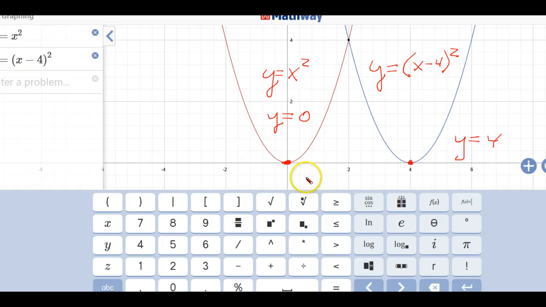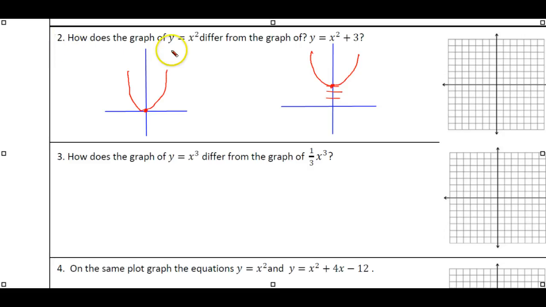Yes, so this would be the equation. I should have thought about that a little bit more. The line is x equals 0, again a vertical line, and here it's x equals 4, the axis of symmetry.